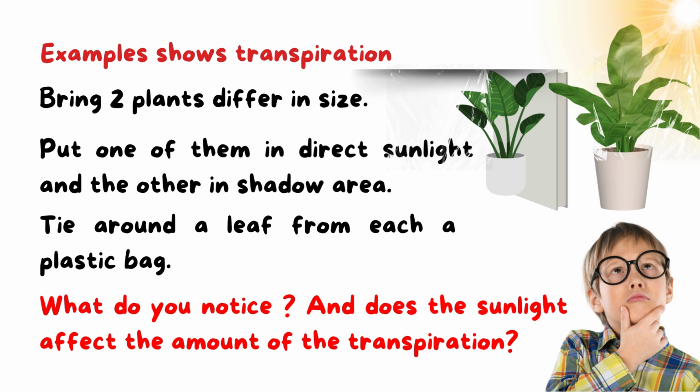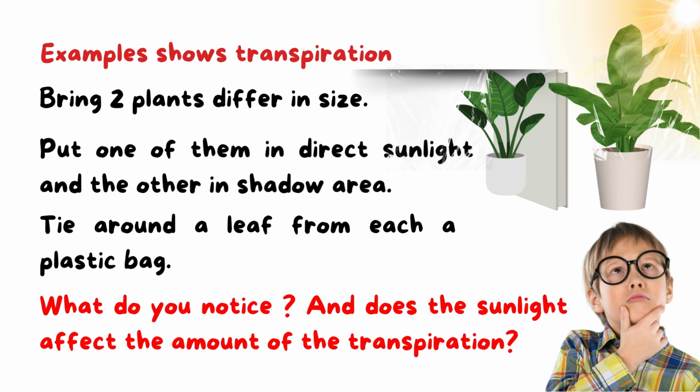Then we tie a plastic bag around a leaf of each plant. Why are we tying this plastic bag? Because if there is evaporation or transpiration, we will see vapor and water droplets.